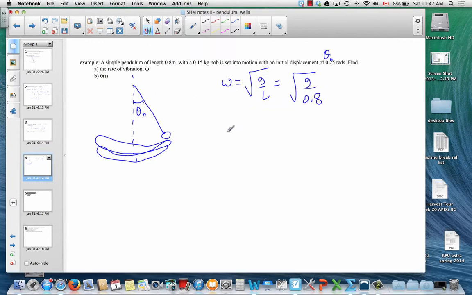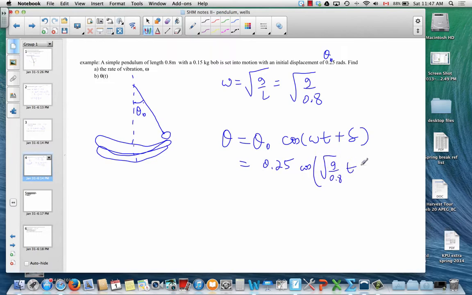And then we can write an equation for theta as a function of time. It'll be theta naught. We'll use the cosine(ωt + δ) solution.